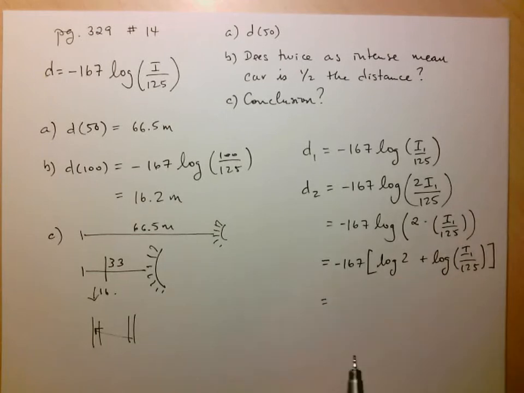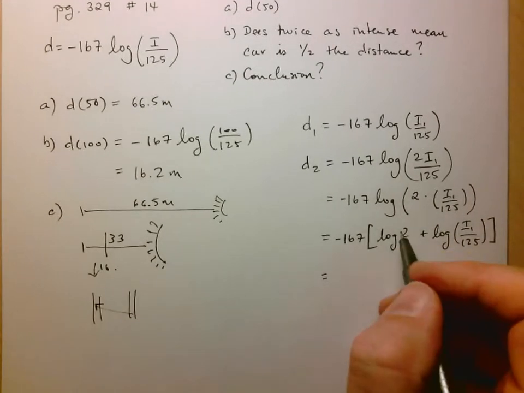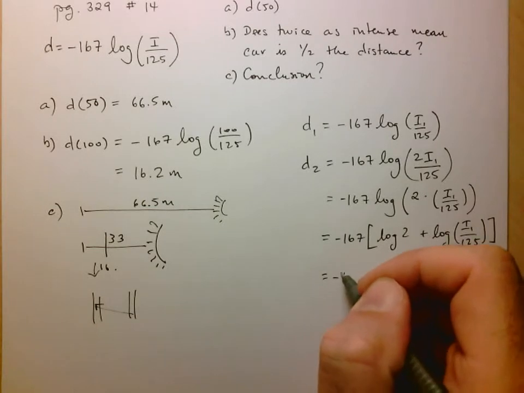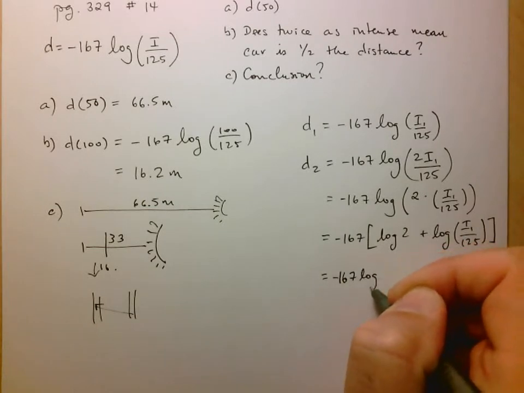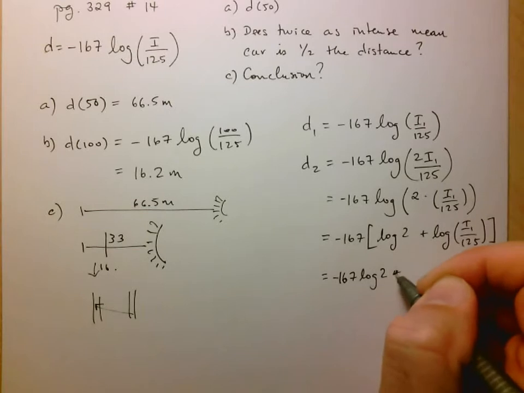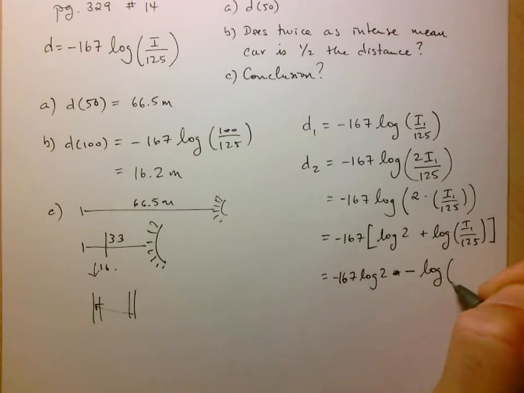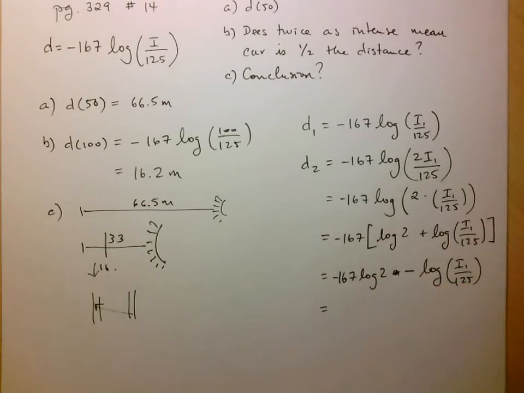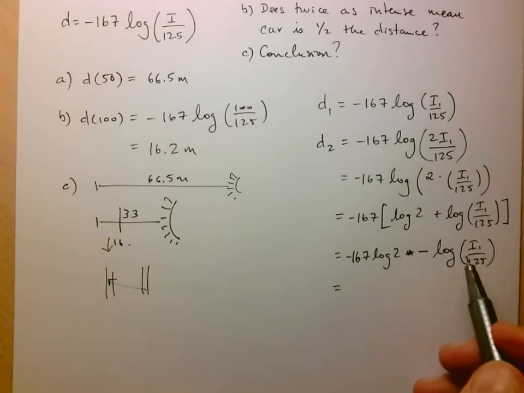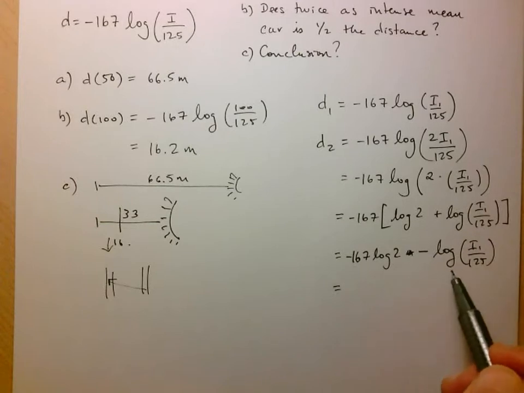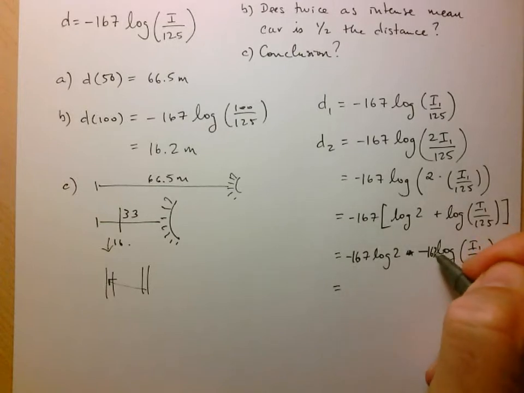Now we can just distribute the negative 167, minus 167 times log of I1 over 125. Oops, I forgot the 167 here.